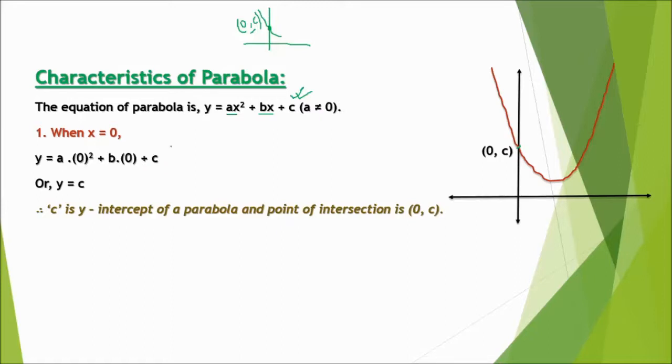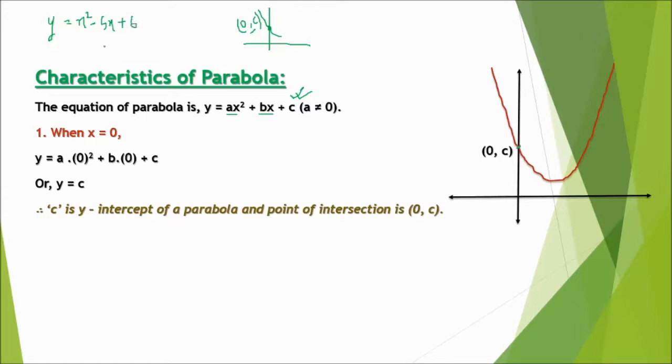It may be asked as a short question: find the y-intercept of the parabola. A parabola question can be given like this one: y is equal to x square minus 5x plus 6.